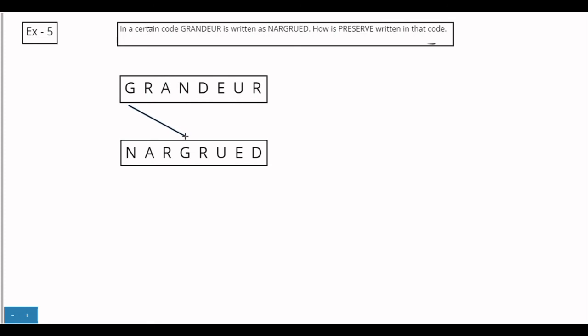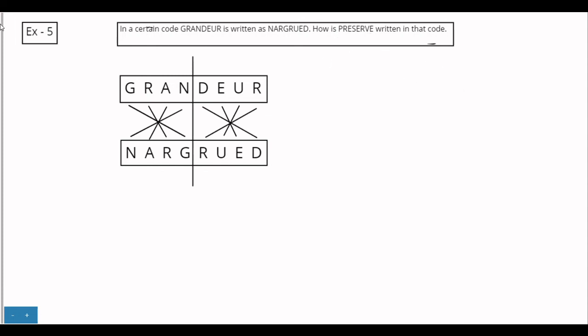G over here is here, R is here, A is here, and N is here, while D is here, E here, U here, and R here. So we can just draw a line here and say that this part can be interchanged and this part can be interchanged, and the result will be the same.